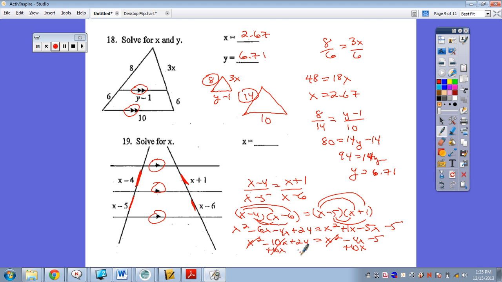It's gone on the left, so I have 24 is equal to 6x minus 5. And then if you add 5 to both sides, I am left with 24 plus 5, which is 29 is equal to 6x. 29 divided by 6 gives me x is equal to 4.83.